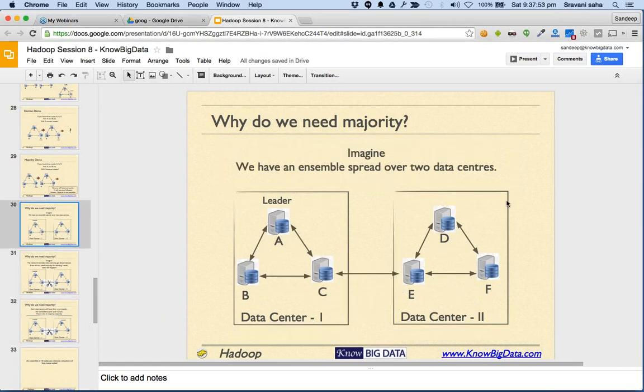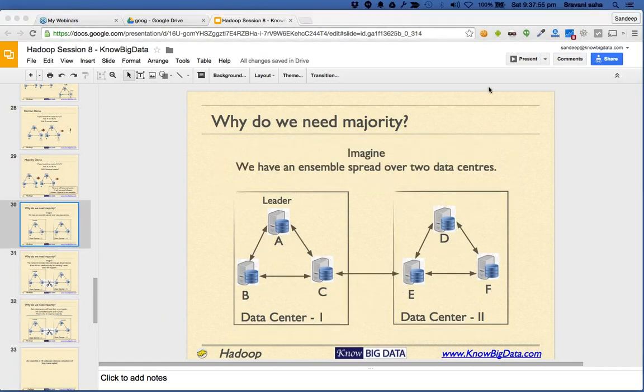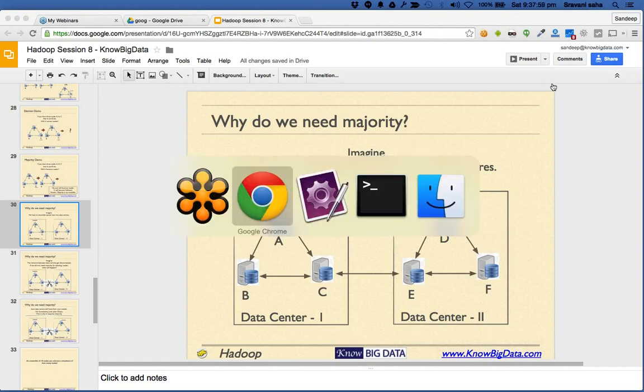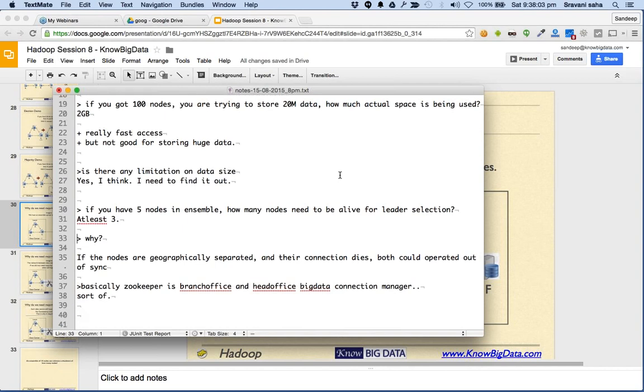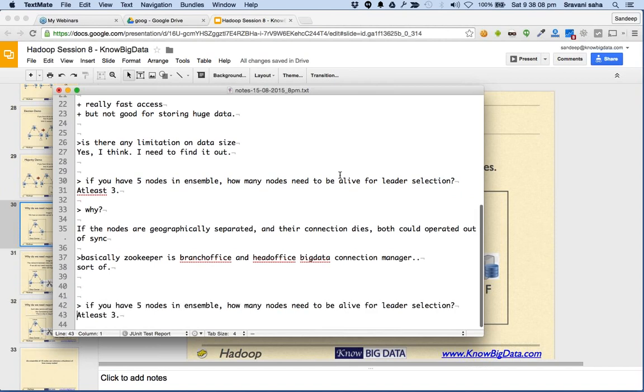All right. Let me take you through this diagram again. Probably this will make it clear. When you have 5 nodes, at least how many nodes do you require? 3 nodes, right? Now let me change the question a little bit.